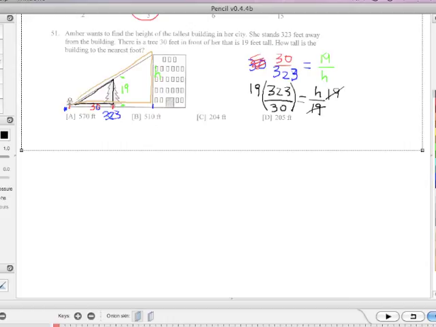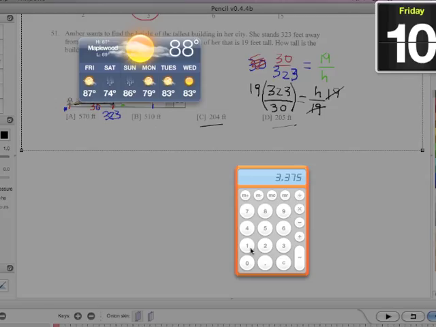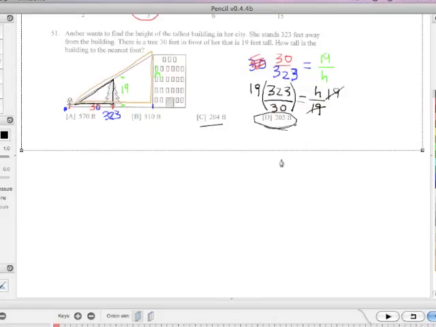It's one of these two answers, but they want it rounded to the nearest foot, and I'm not that good at estimating. So 323 divided by 30 times 19: 204.6, or 205 is the answer. All right.